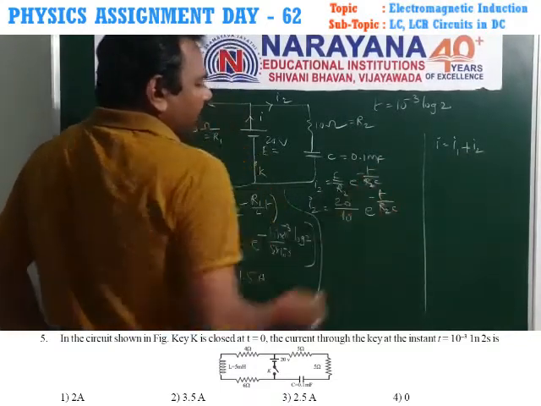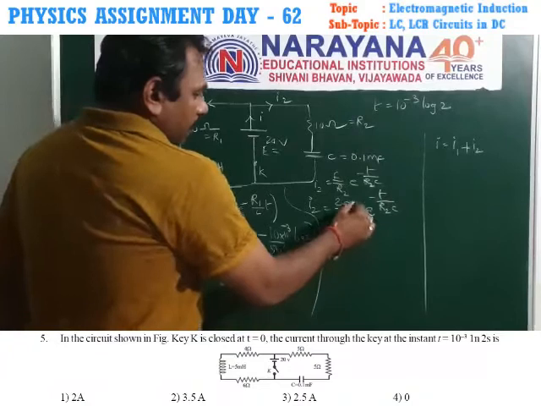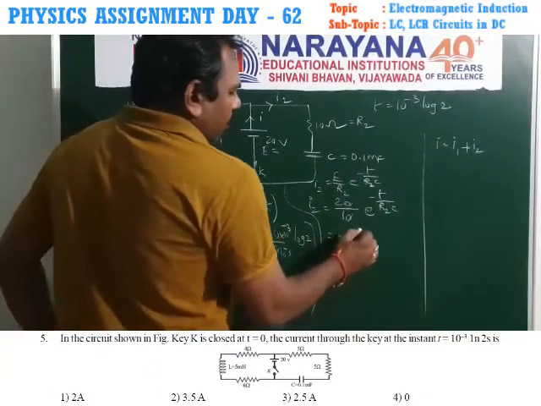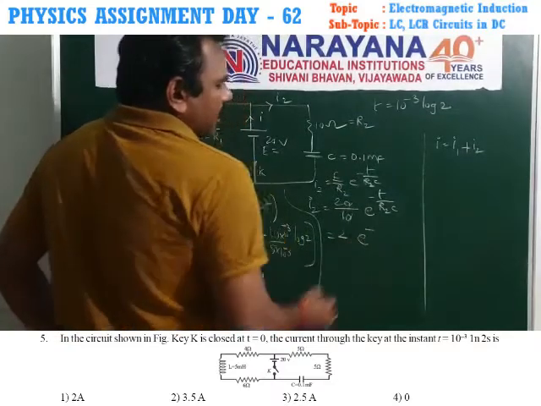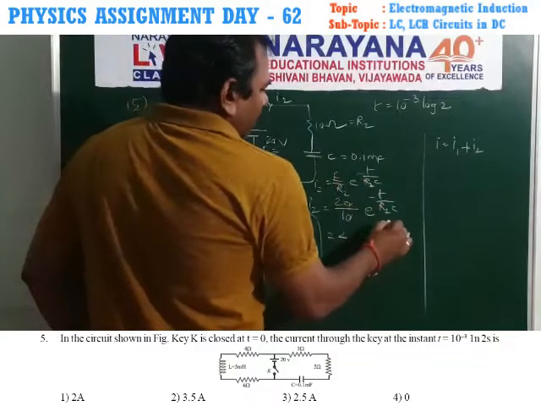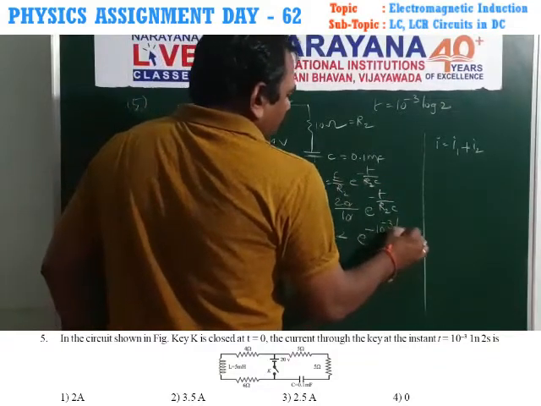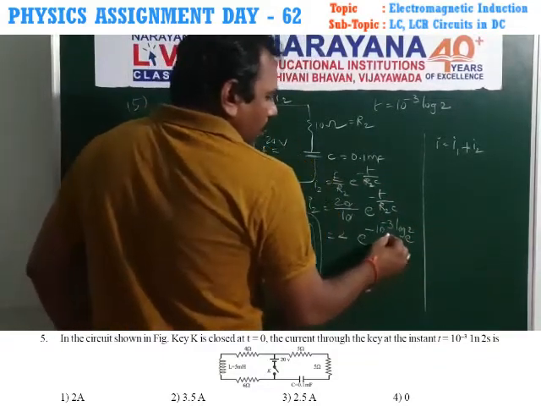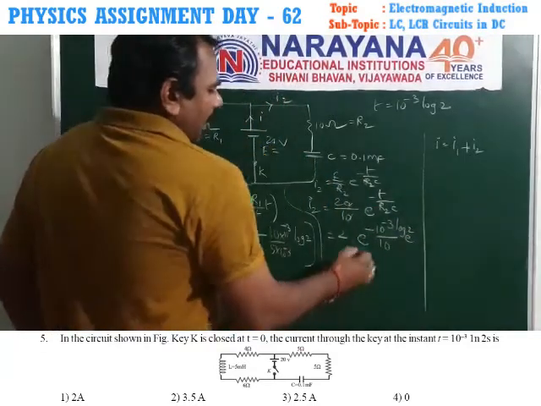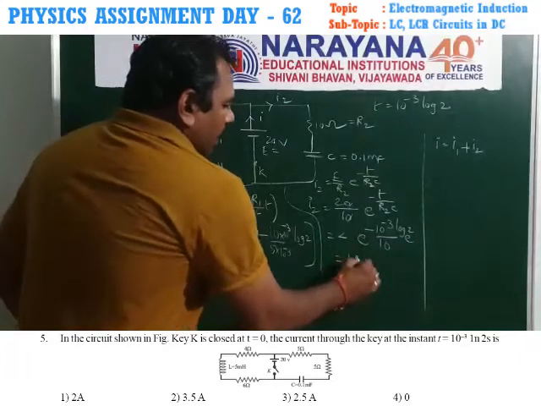The voltage is 20 volts and the resistance is 10, so 20 by 10 into e power minus t by R2C, which is 2 into e power minus t value 10 power minus 3 log 2 by R2 value. R2 value is 10 only. By calculating this, you get 1 ampere.